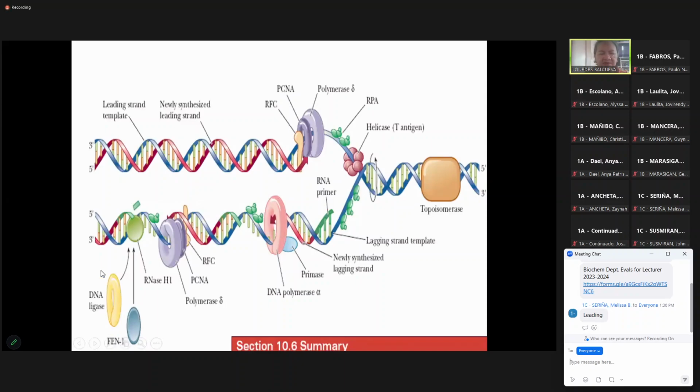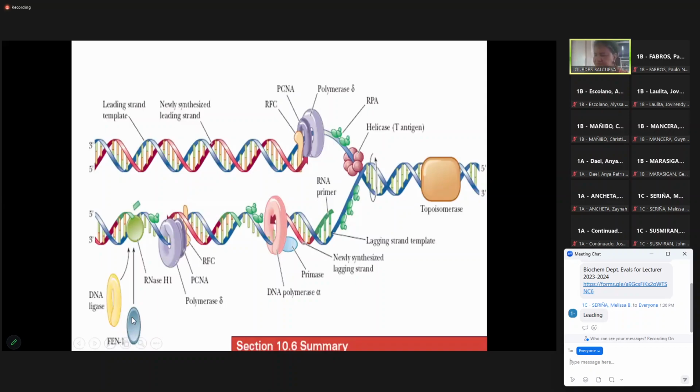It should be DNA and the RNA released. Most of the RNAs are released by your RNAs, while the last RNA, which is left, is released by your FEN1.